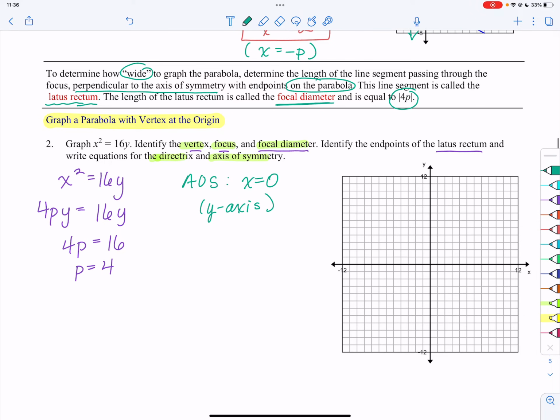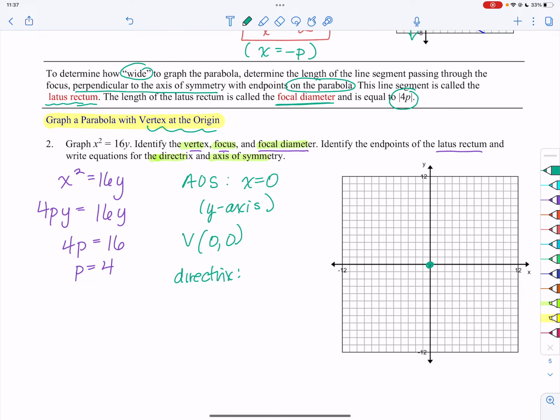Okay, we have the vertex is going to be at the origin. We're told that. And then we can go ahead and put that vertex there right now. And then we have the directrix.